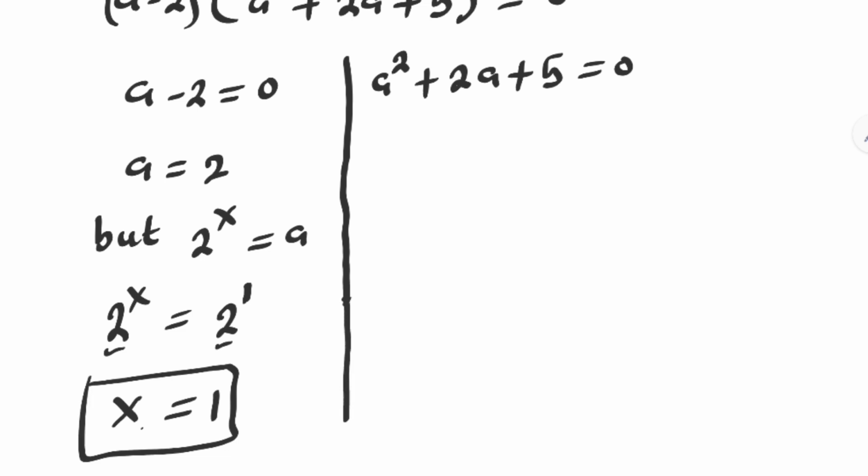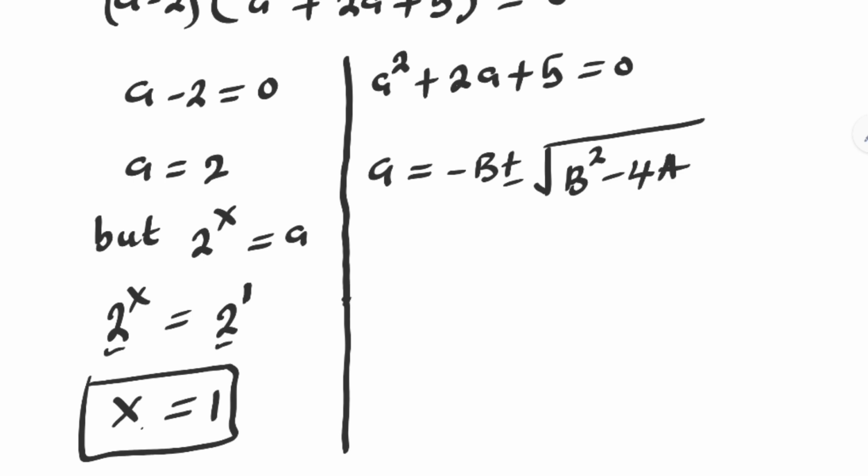Then from here, we have a squared plus 2a plus 5 is equal to 0. This is a quadratic equation which can be solved using the quadratic general formula. And our quadratic general formula is given as a is equal to minus b plus or minus square root of b squared minus 4ac over 2a.